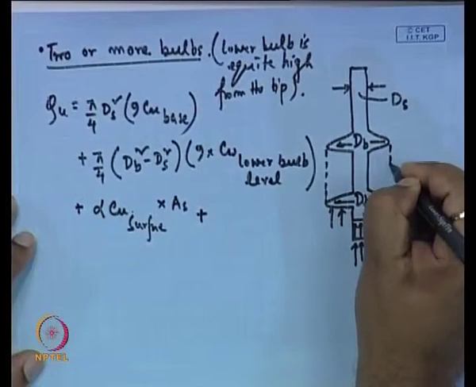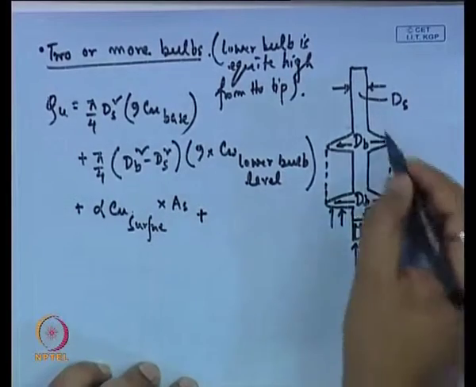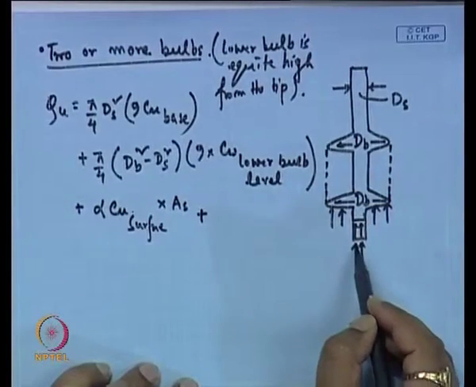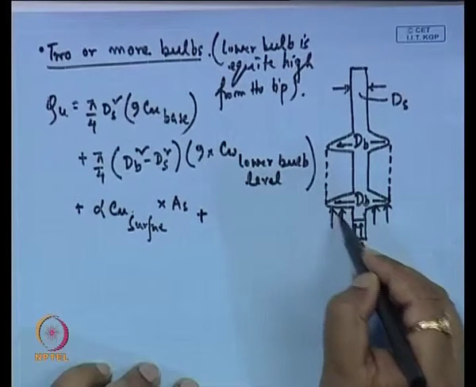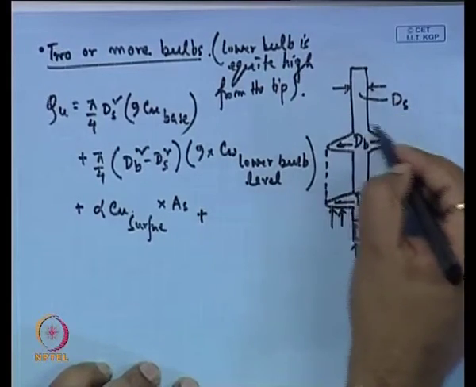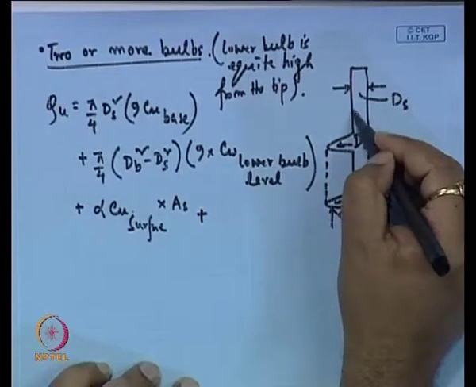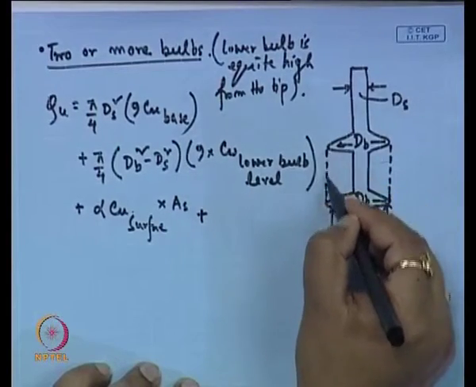If you consider one cylinder, we get the tip resistance at this tip and another resistance due to this enlarged bulb, and the shaft resistance from the upper shaft and from the lower portion.